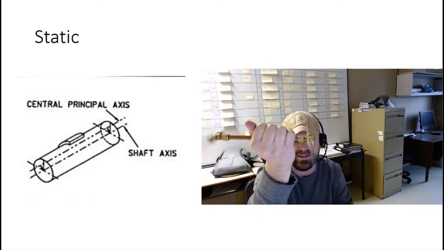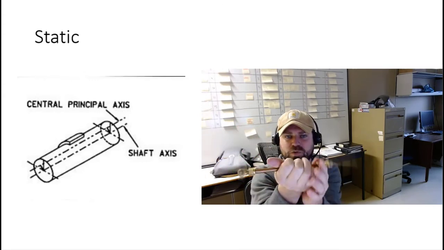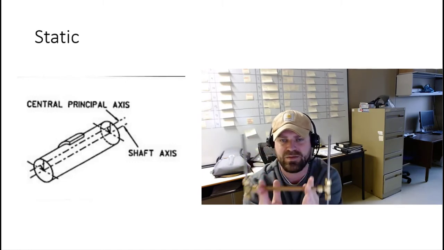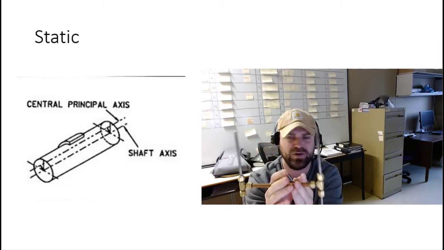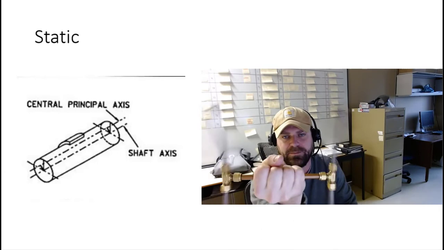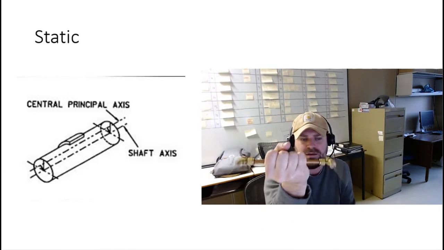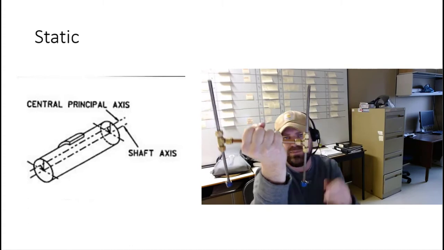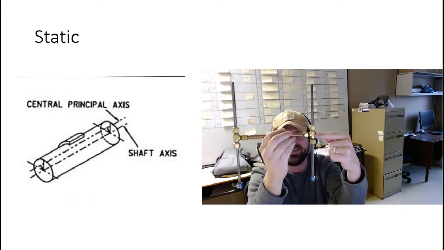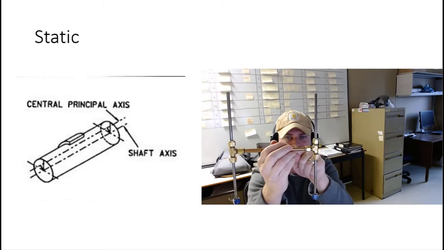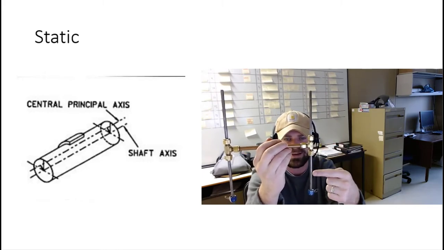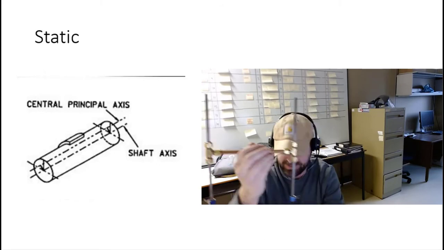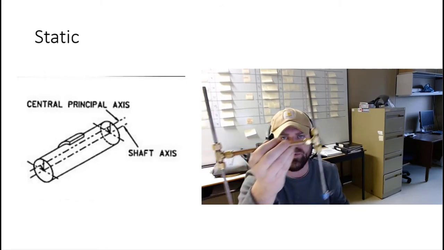And as I spin this around, if I was to hold this at both ends, I can feel the same rotating force as it wants to spin around. The main point that I'm trying to get at is that this is my shaft axis, but my principal axis is closer to where this weight distribution is, somewhere around here.